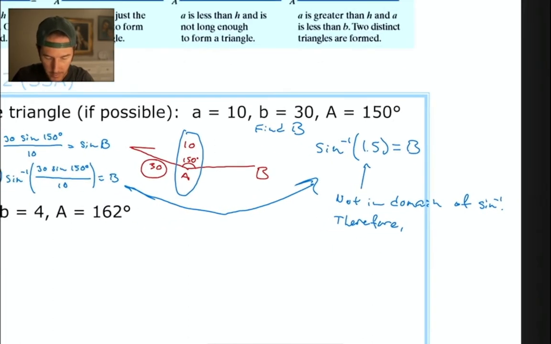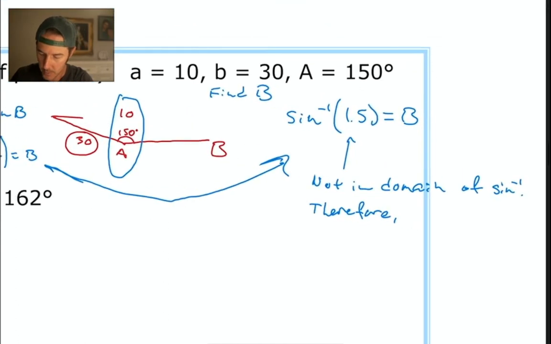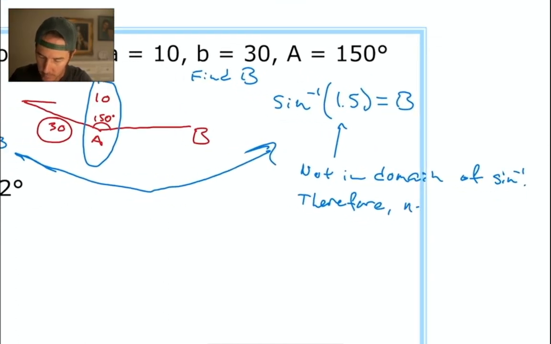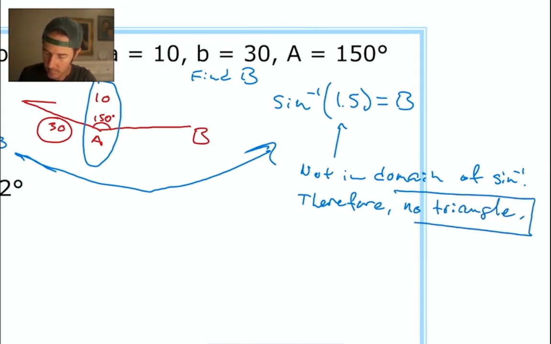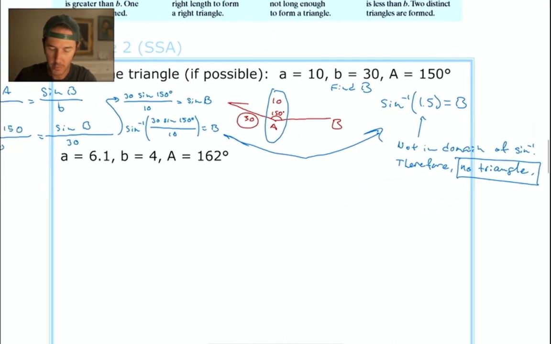Therefore, the question is not possible, I suppose we could say. You could say no triangle, no solution. But that would be the sort of more mathematical way of proving or demonstrating that this triangle cannot be solved.